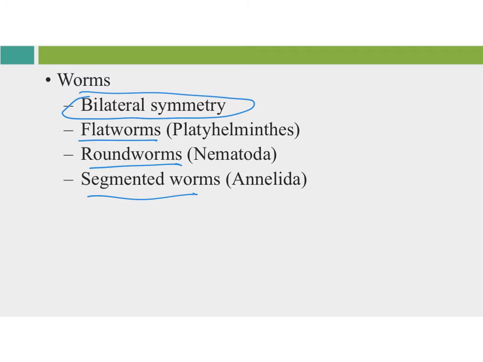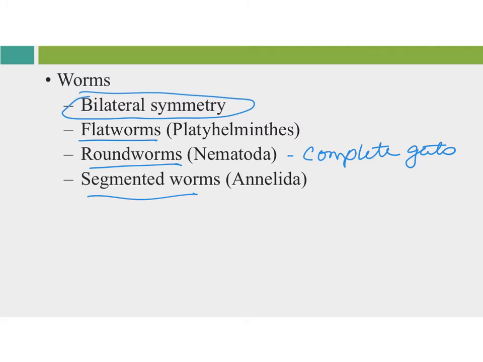Flatworms include free-living worm species such as planarians, and tapeworms. It also includes that. Roundworms are pretty much the simplest animal with complete guts. They have a complete gut system.